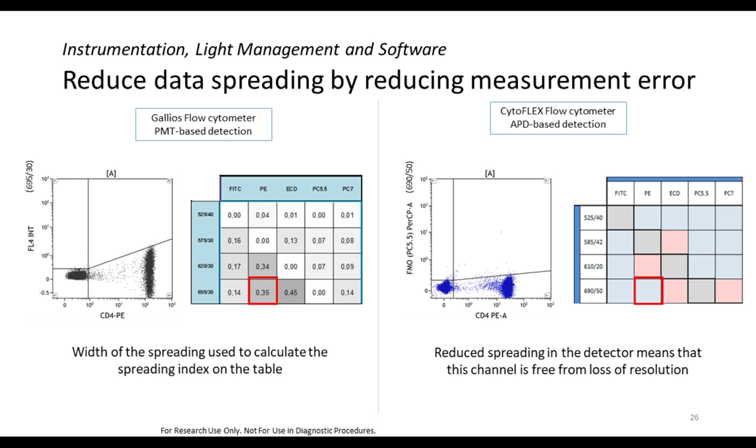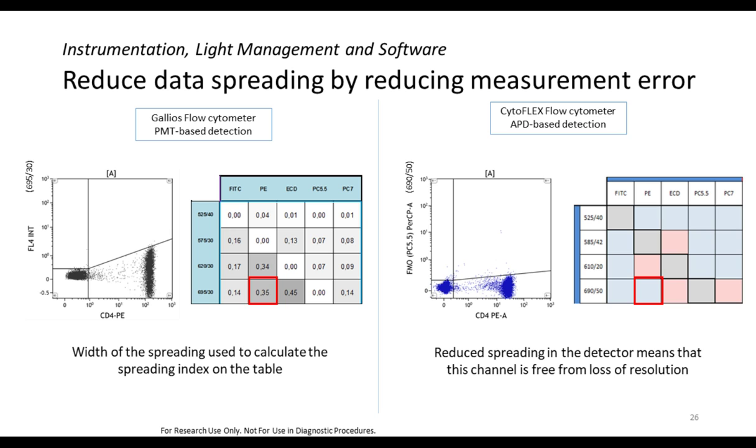And so bringing that into a data visualization paradigm, we can look at two different types of instruments, right? So we have on the left an instrument that's PMT-based, and on the right an instrument that is APD-based, specifically the CytoFLEX. And so using that example again of CD4 labeled with PE, we can see on the PMT-based detection system the spreading that is a result of the measurement error when the signal gets very bright, and you can see that spill over into adjacent channels.